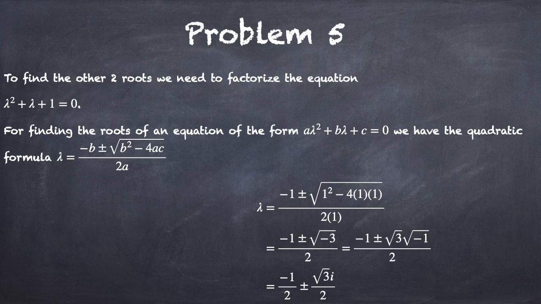That tells you it's a complex root, because the square root of negative 1 does not fall on the real line. It's a complex number. So the two roots are given by negative 1 over 2 plus or minus square root of 3 i over 2.